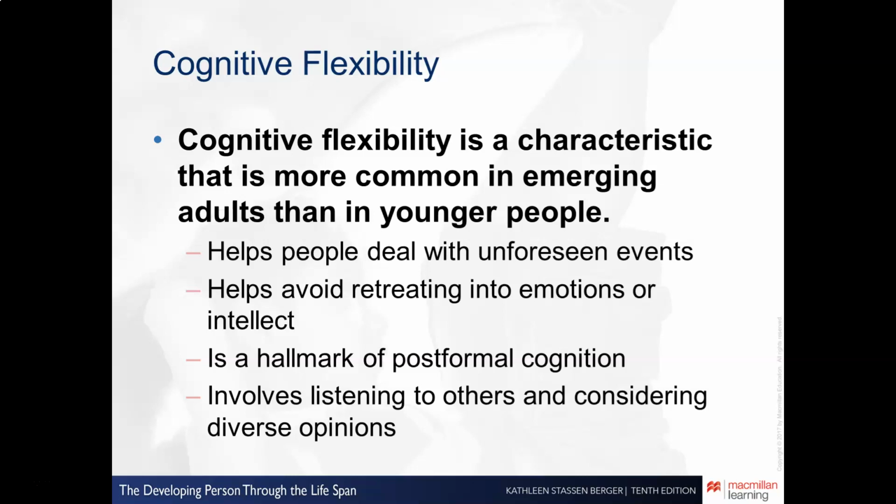Cognitive flexibility is known as a characteristic more common in emerging adults than in younger people. It mentions a few things to think about in regard to that, and I recommend you stop the video here and quickly read through these and gain a little further insight into that. We'll move on.